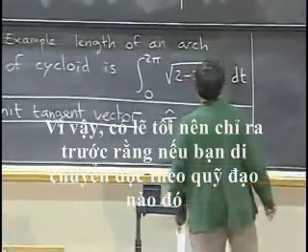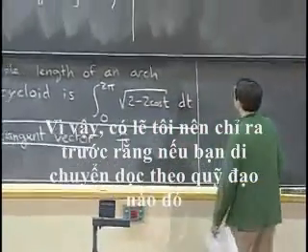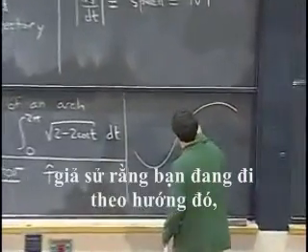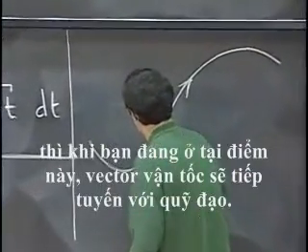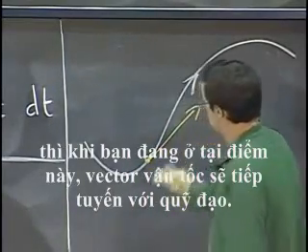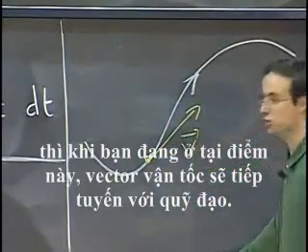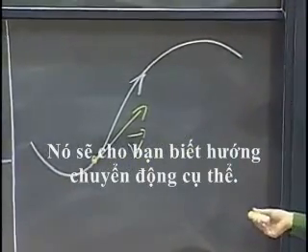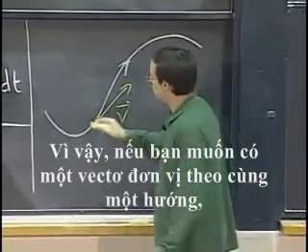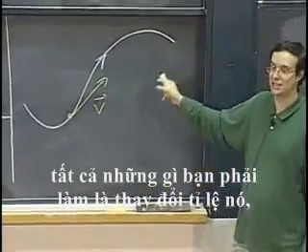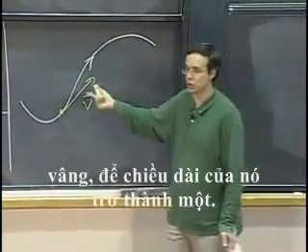Maybe I should have pointed out before that, if you're moving along some trajectory, going in that direction, then when you're at this point, the velocity vector is going to be tangent to the trajectory. It tells you the direction of motion in particular. So if you want a unit vector that goes in the same direction, all you have to do is just rescale it so that its length becomes 1.